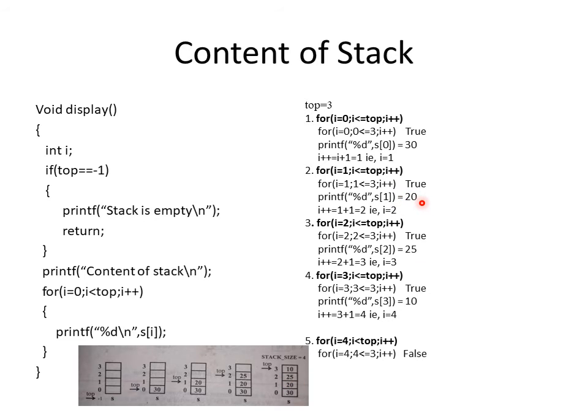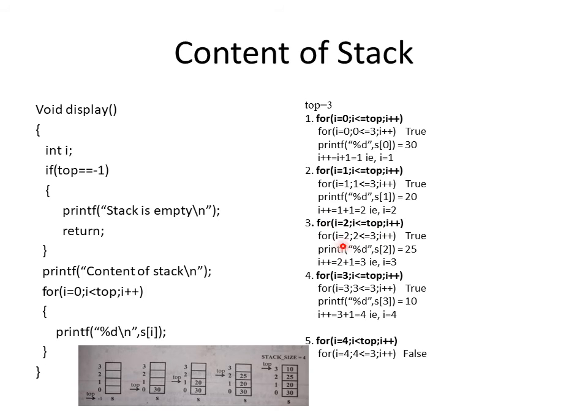After this, I should increment I. I plus plus, that is I plus 1. Here the I value is 1 plus 1, that equals 2. Now I equals 2 and I is less than or equal to top.